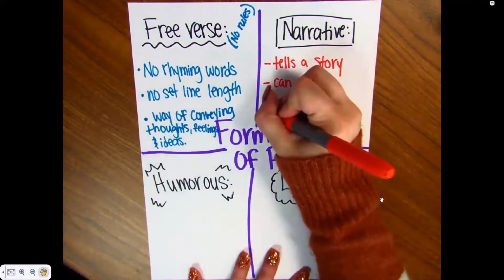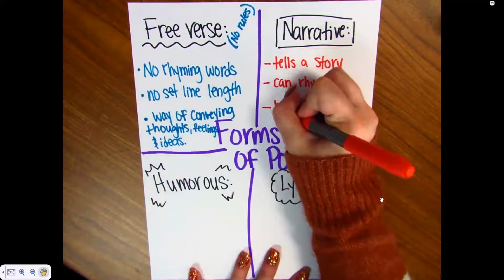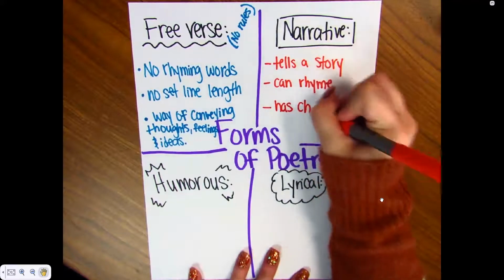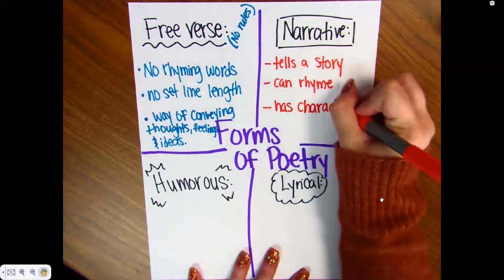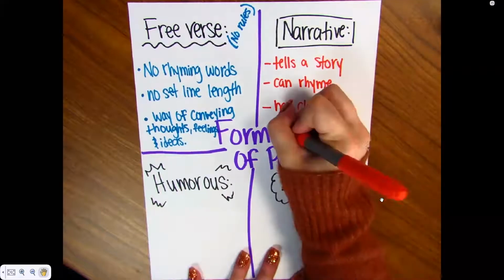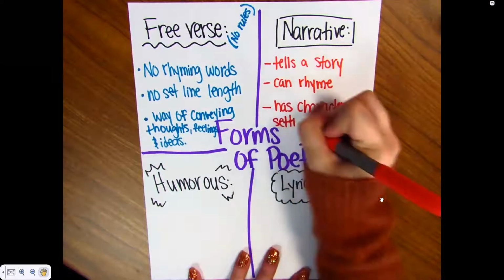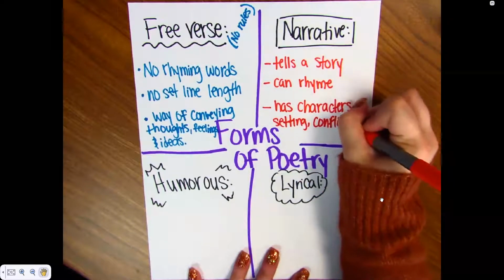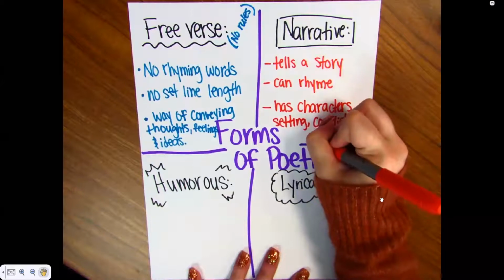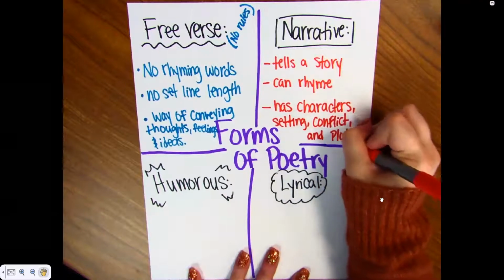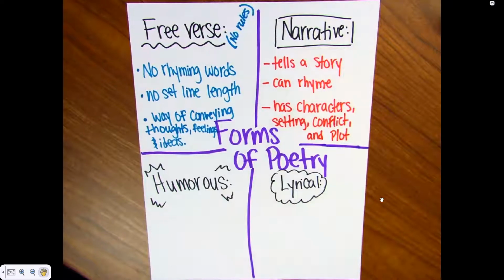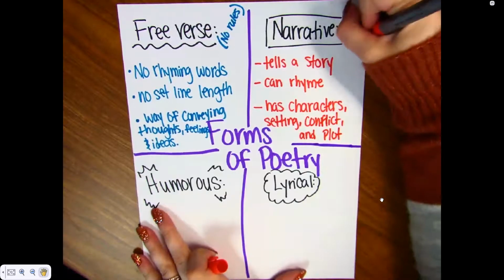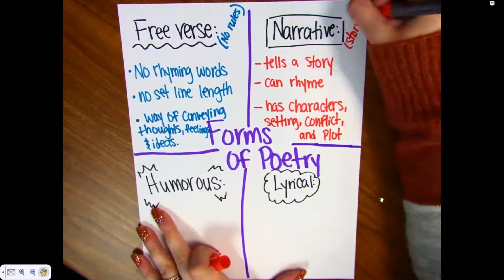The big thing with narrative though is that it has characters, setting, conflict, and plot, okay? So there's going to be a problem. There's going to be a resolution. It's going to tell you a whole story. So the big thing with narrative I want you to remember is story, okay?